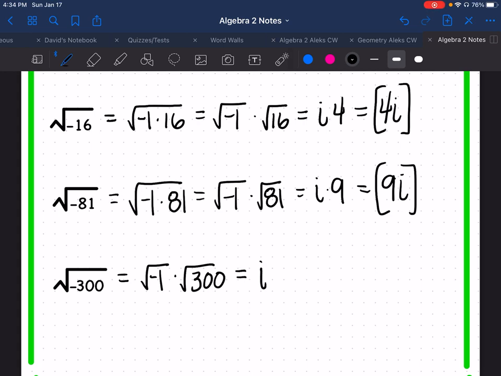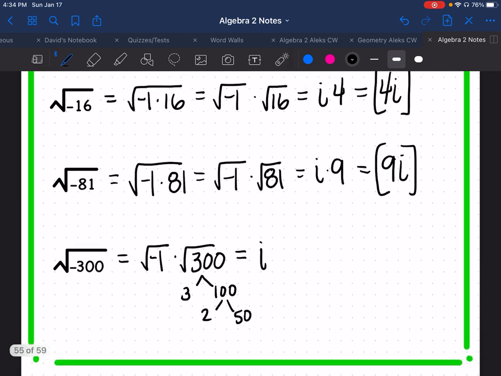Now, the square root of 300, if I were to break it down, I could think of it as 3 times 100, and I can think of 100 as 2 times 50, and I could think of 50 as 2 times 25, and I can think of 25 as 5 times 5. When I am simplifying this, remember, any two numbers that have a pair, right? These guys are out.